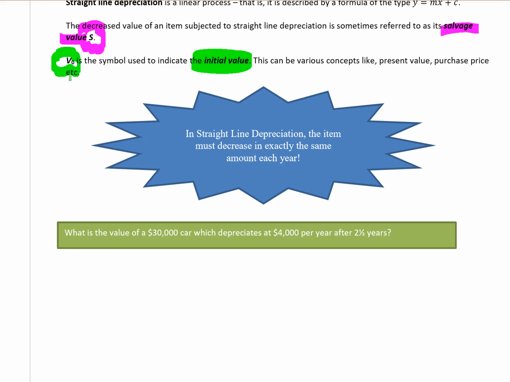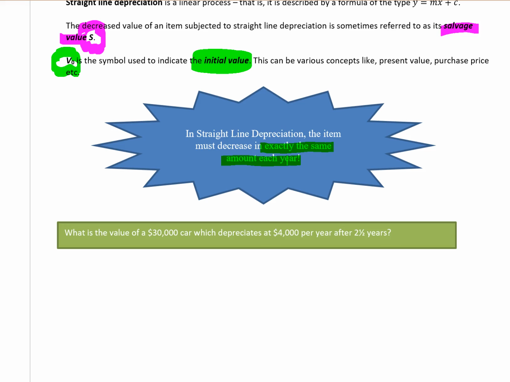In order for us to have a situation where an item is decreasing in value, and we would apply the straight line method, is when the item decreases in exactly the same amount each year. Exactly the same amount. This doesn't in reality happen very often.